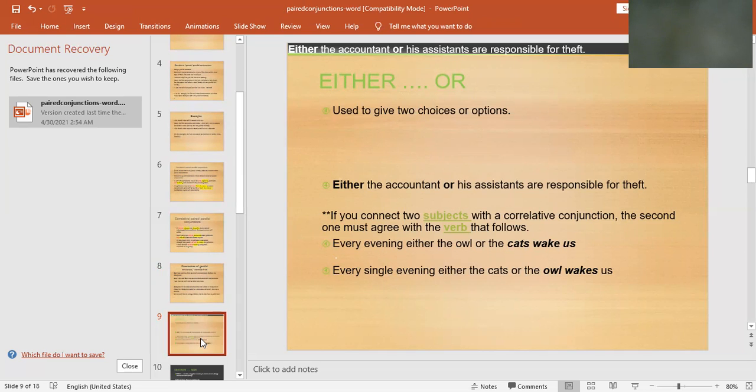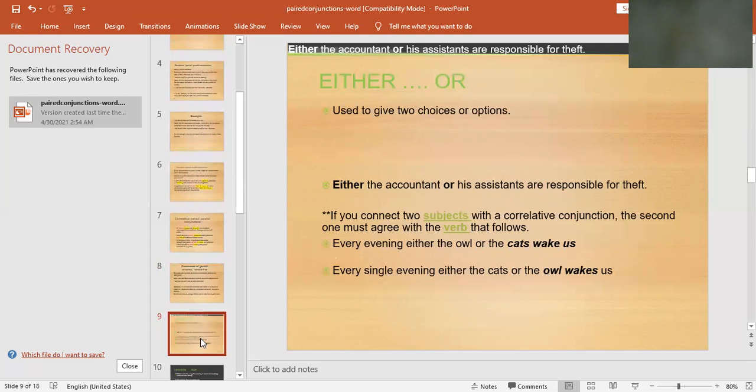Look at the examples. Every evening, either the owl, one single owl, a night bird, or the cats, plural cats, wake us.